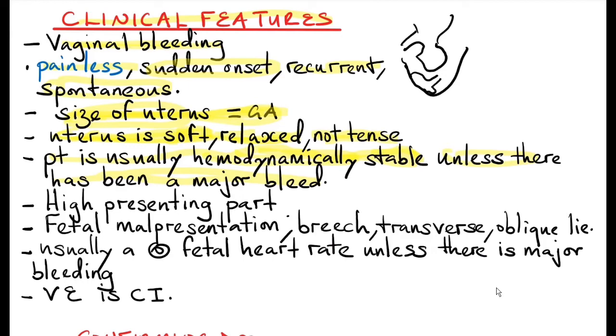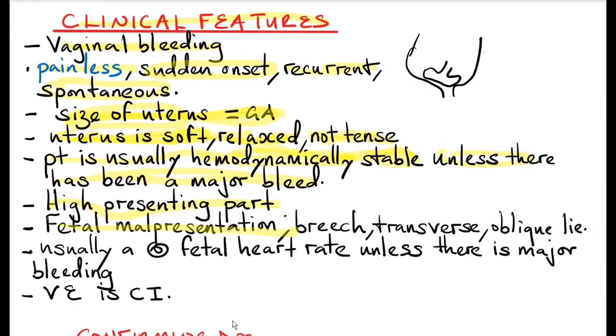So high presenting part means that the head of the fetus, the presenting part, cannot fully engage into the pelvis because the placenta is preventing it from doing so. So that is why you say a high presenting part. Instead of the fetus's head being here, it's high up here. Okay.